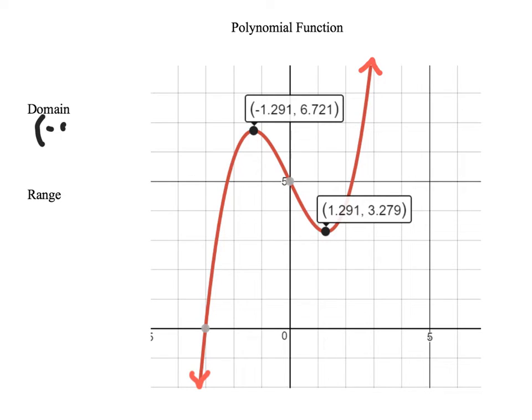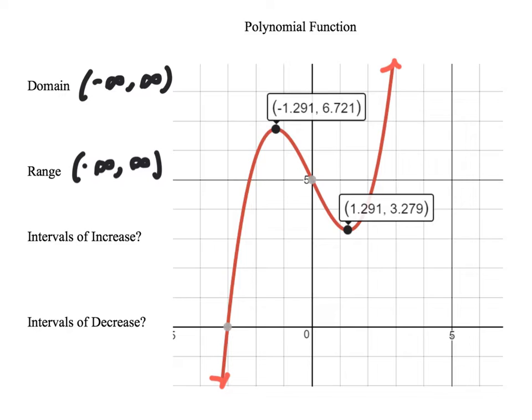Therefore, our domain would be from negative infinity to positive infinity. When we think about range, here we're thinking about the y values, or from bottom to top, we're picking up all of our y values, and therefore our range is also negative infinity to positive infinity. These are both written in interval notation, and we're pretty comfortable with this.